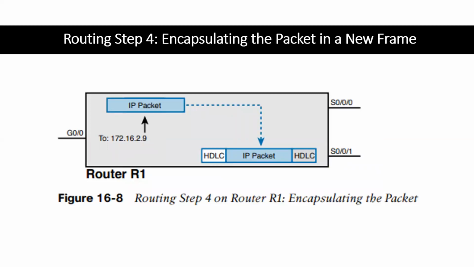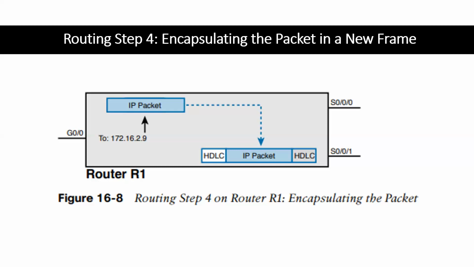His router is going to put its layer 2 header and trailer on there, whatever layer 2 technology I have to send that traffic: HDLC with serial ports, or nowadays Ethernet ports, gigabit Ethernet ports that work with 802.3.